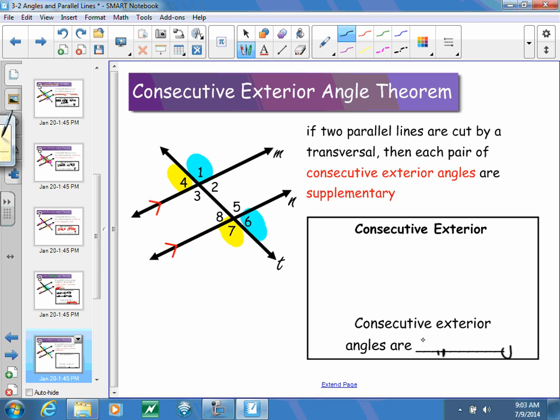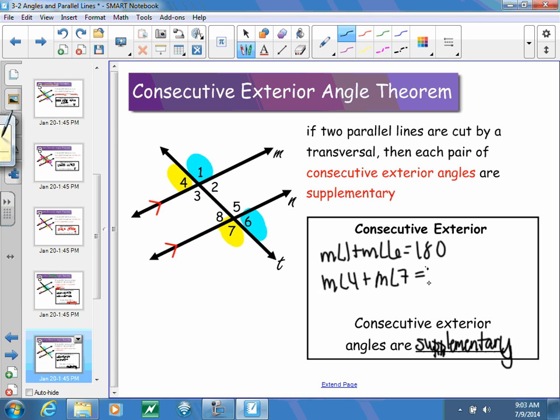So consecutive exterior angles are supplementary. And that means that the measure of angle 1 plus the measure of angle 6 equals 180. The measure of angle 4 plus the measure of angle 7 is also equal to 180 degrees.